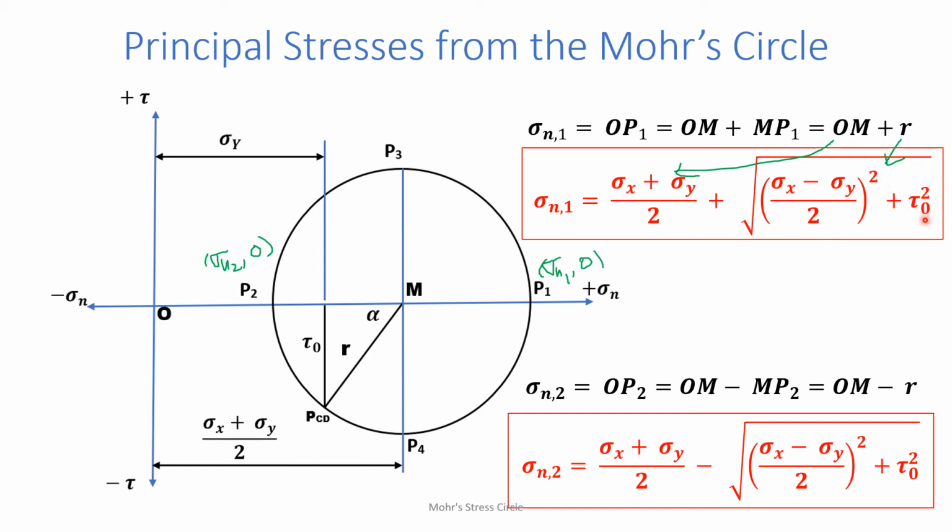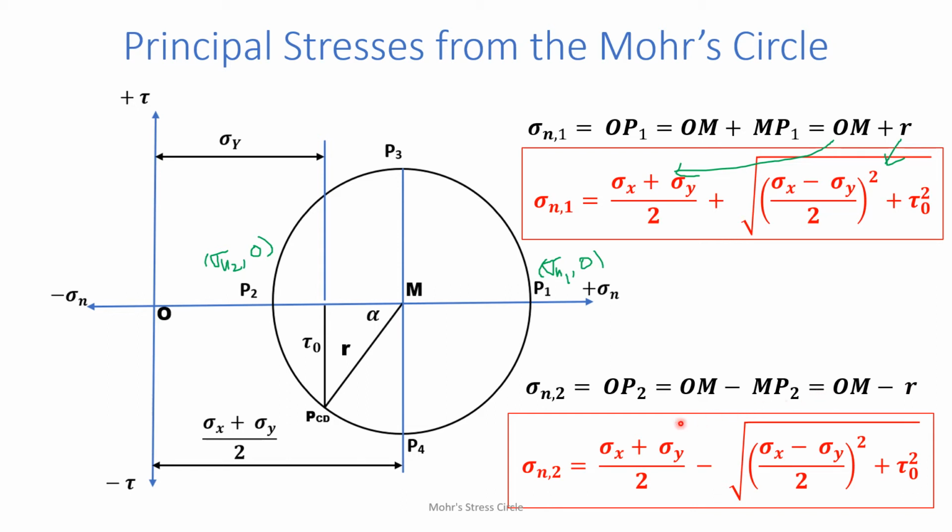Similarly, for point P2, the stress sigma n2 is the minimum direct stress, it is OP2. So sigma n2 is OP2. OP2 is OM minus MP2. MP2 is the radius.